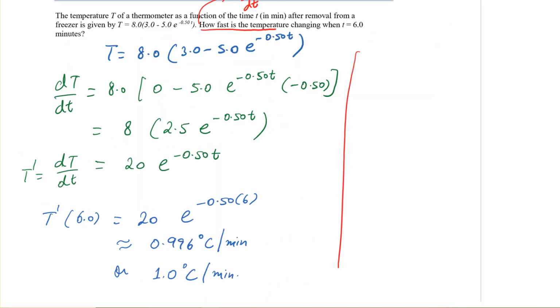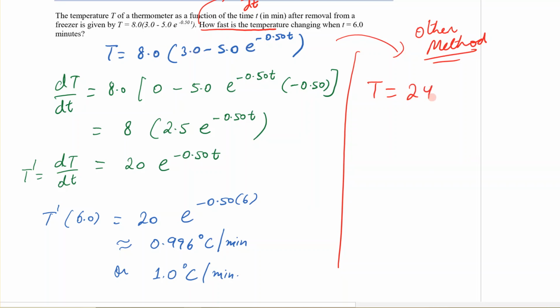So if you're wondering, you could have done the same question in another way. The second method is, how could you have figured out the derivative? Our original function is 8 times (3 minus 5 e raised to power negative 0.50 t). You can expand this to start with. So 8 times 3 is 24 and 5 times 8 is 40.